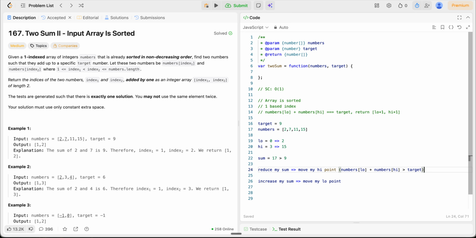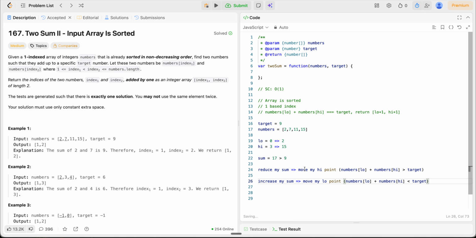If I have to reduce my sum, I have to move my high pointer to the previous one. What will be the case here? Numbers of low plus numbers of high is less than target, right?